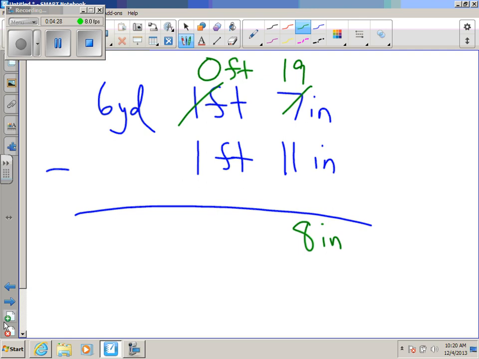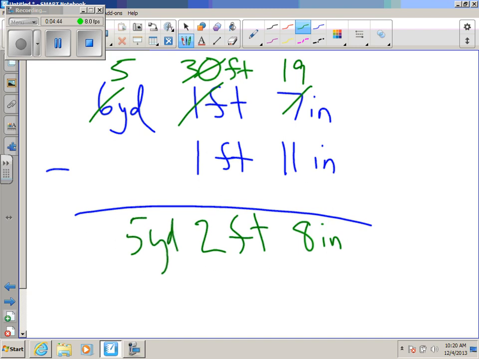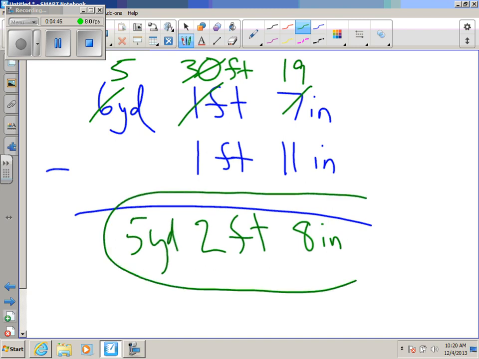So now, I've got to go over here to my yards category and say, how many feet did I just take? 3, because there's 3 feet in a yard. So now, 3 minus 1 is 2. 5 is what's left. And the total is 5 yards, 2 feet, and 8 inches. Okay?